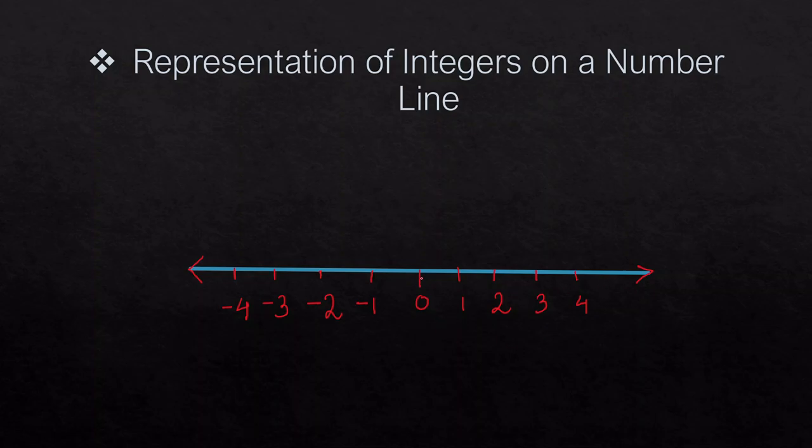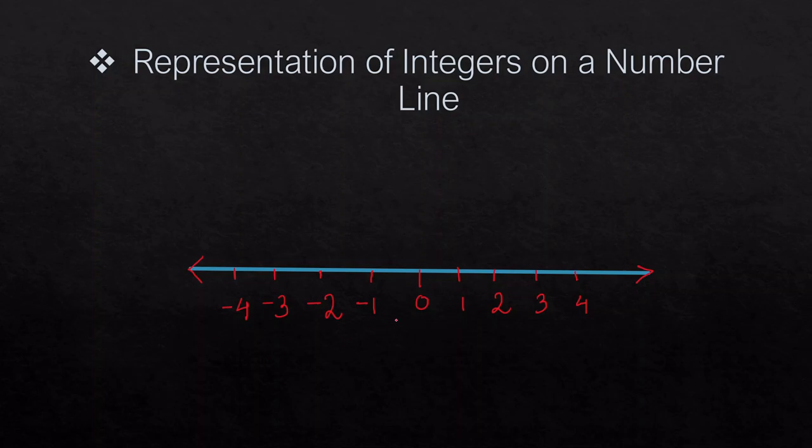Here I have put 0 in the middle of the number line, on the right-hand side I have put the positive numbers like 1, 2, 3, 4, etc., and on the left-hand side I have placed -1, -2, -3, -4, etc.